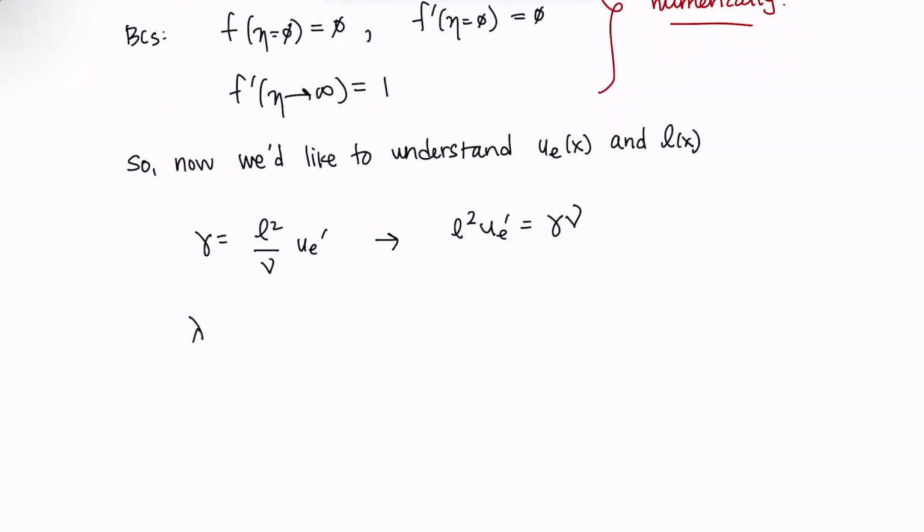And we also have that lambda is equal to L over nu times d dx of UE times L. And I'm going to just expand this out. So I have that lambda times nu is equal to L quantity UE prime times L plus UE L prime.